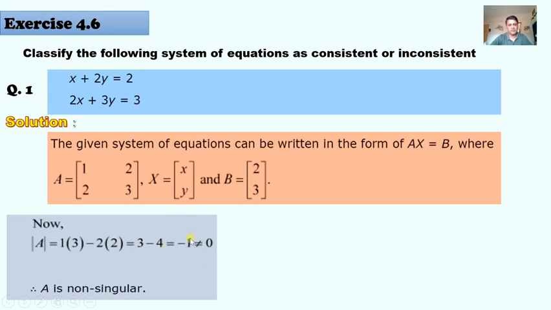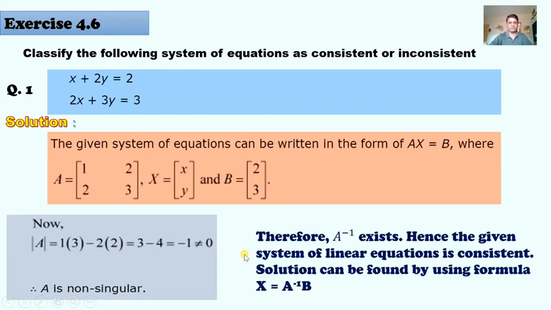You need to be careful here, it should not be equal to 0. Since minus 1 is not equal to 0, this is a non-singular matrix, and a non-singular matrix always has a unique solution. Therefore A inverse exists. Hence, the given system of linear equations is consistent. The solution can be found by the formula X equals A inverse B.